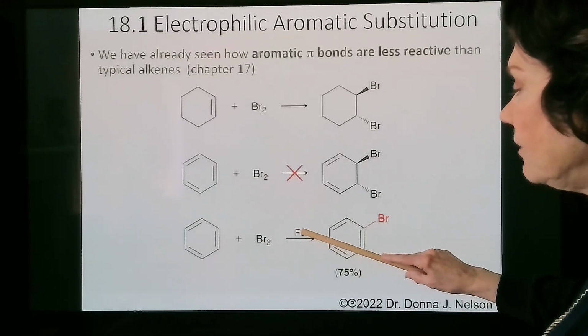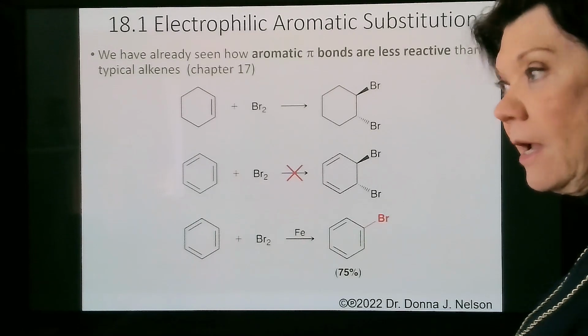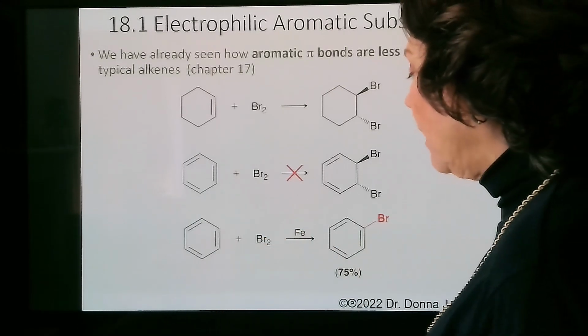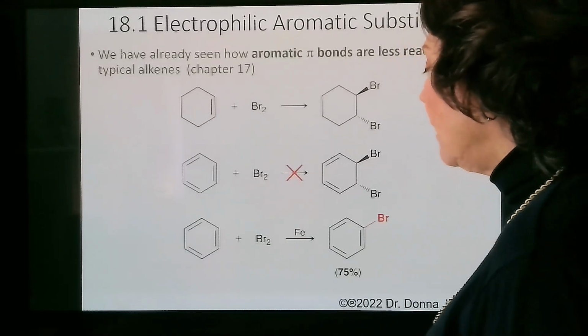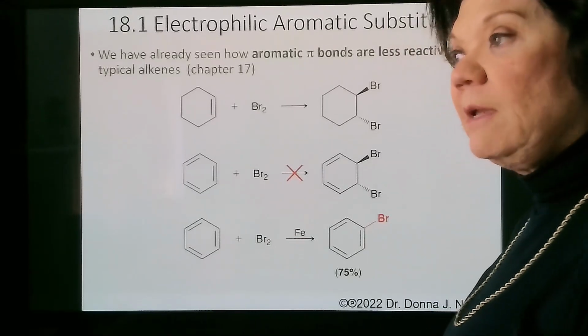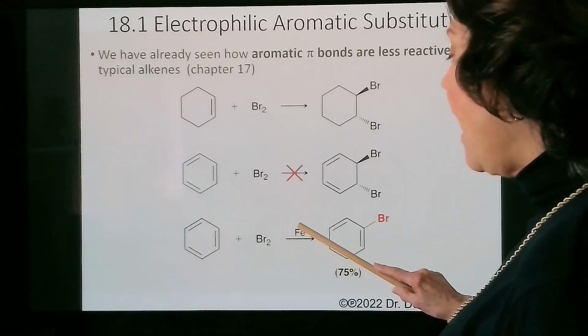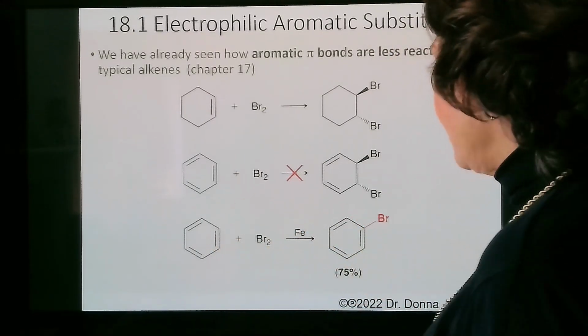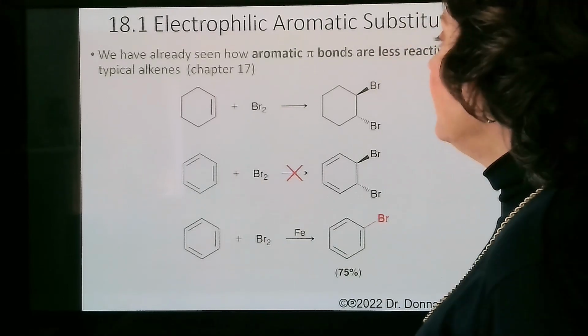One of the catalysts that works is a little bit of iron. This iron, in the presence of bromine, becomes ferric bromide, FeBr3. And so that is the catalyst that catalyzes this reaction. And you'll see that in just a moment.